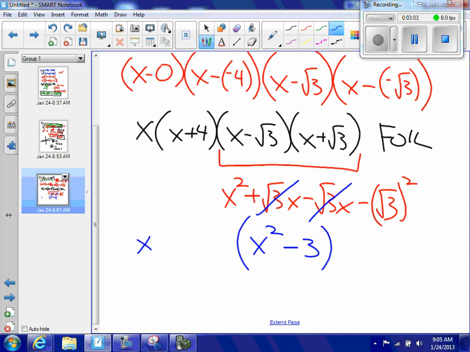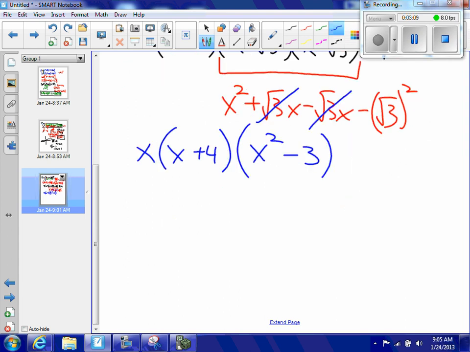I have x, and I have x plus 4. So, again trying to make it easy on myself, I'll FOIL out these two. That's going to give me x cubed, and then my outer is minus 3x, my inner is plus 4x squared, and my last is minus 12.